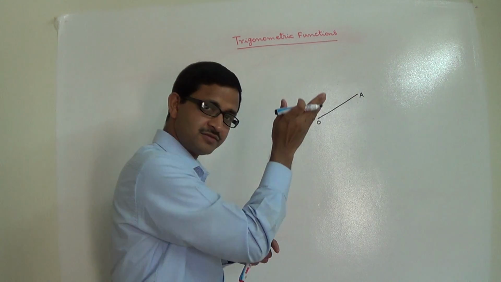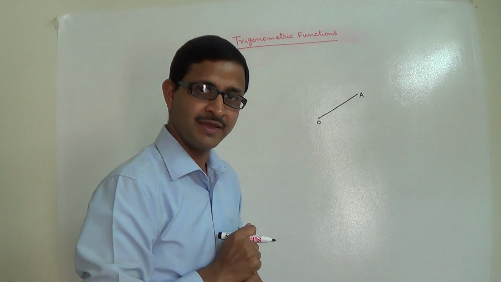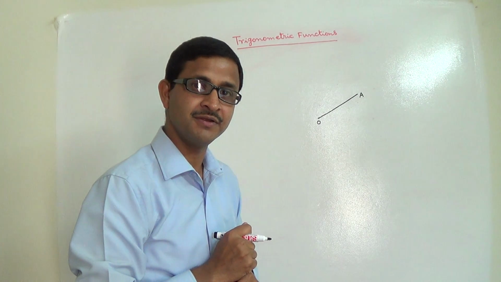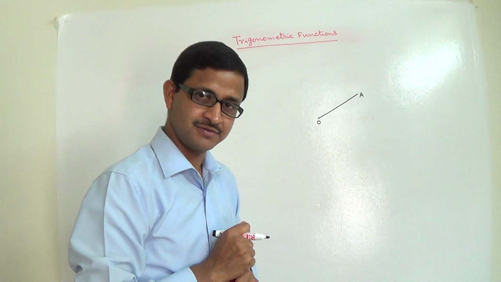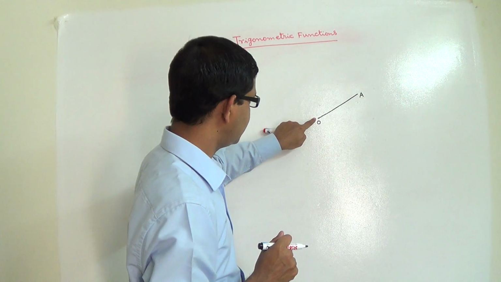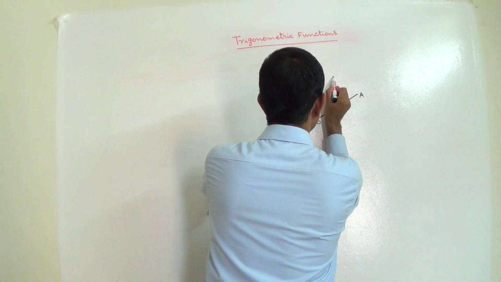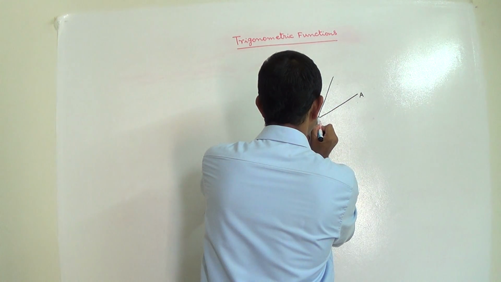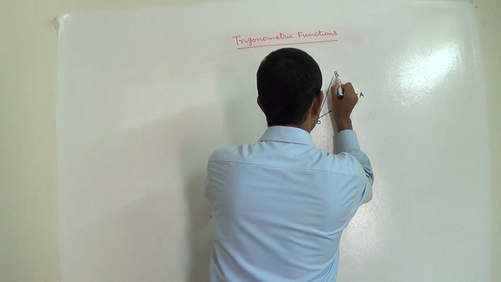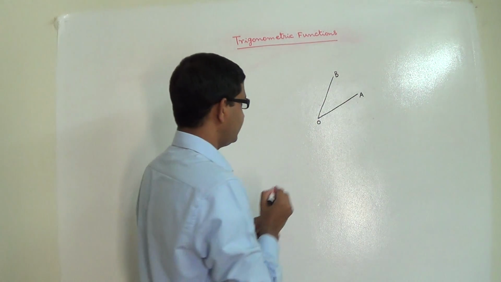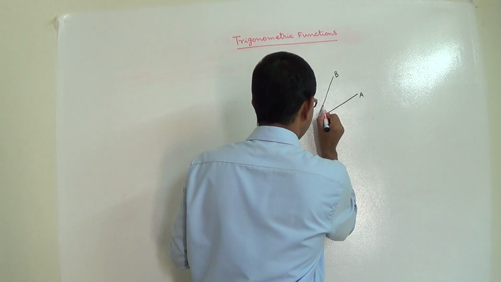This is along this straight line and it has been displaced or rotated with respect to an initial point O, and it rotated to a point, suppose B. Then we say an angle has been formed.